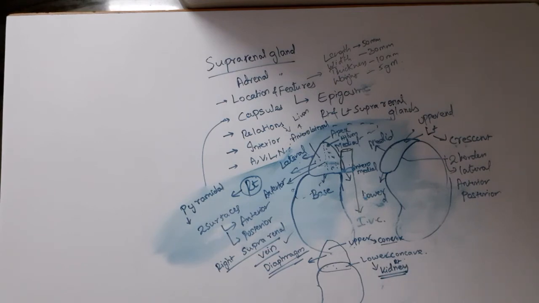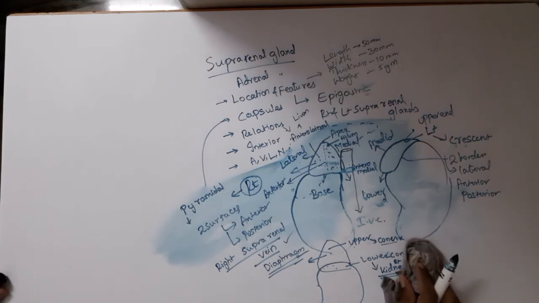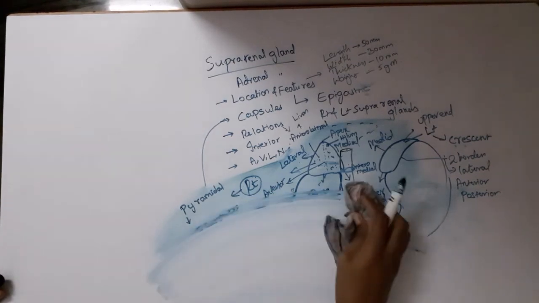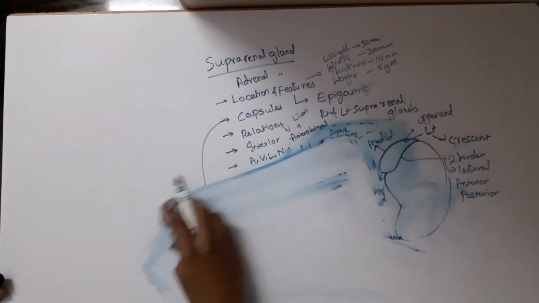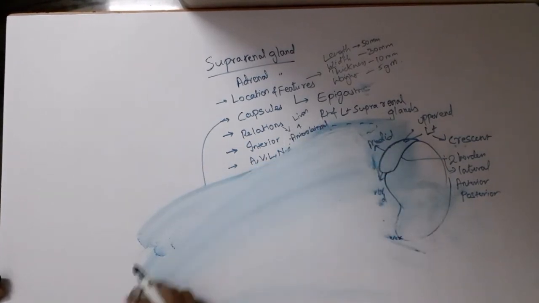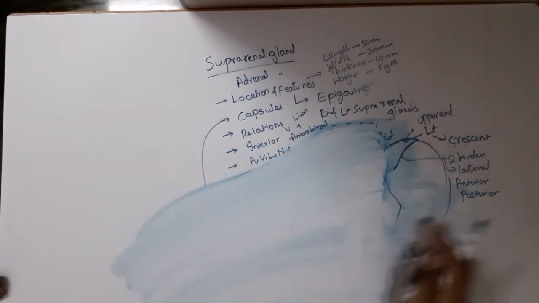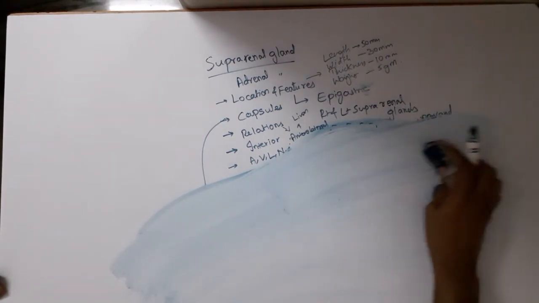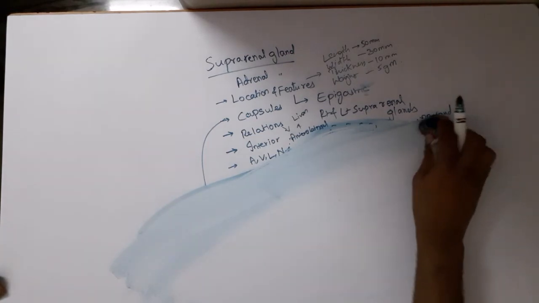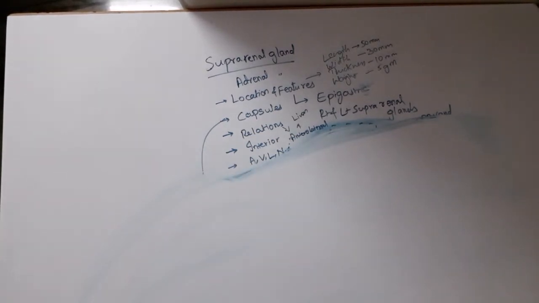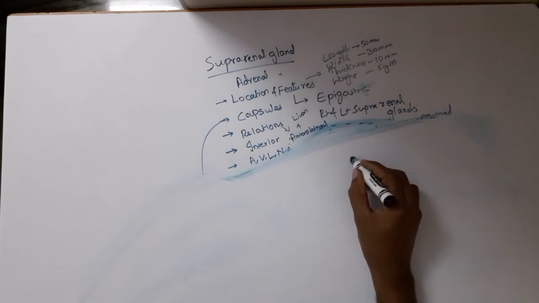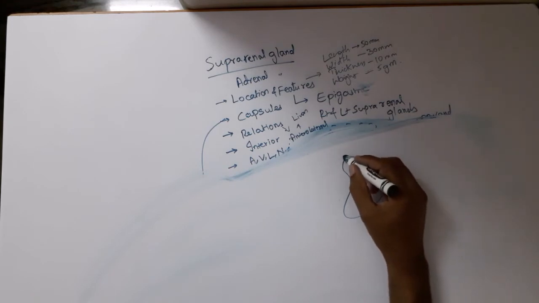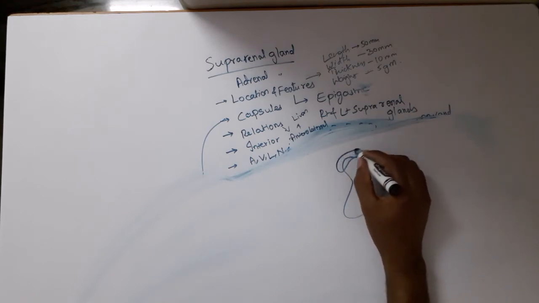Then coming to the left suprarenal gland. How is the shape of the left suprarenal gland? It is crescent shaped. It has an upper end, a lower end, two borders, medial border and lateral border, and two surfaces, anterior and posterior. If you see this, this is the left side, if you are seeing from the anterior way.